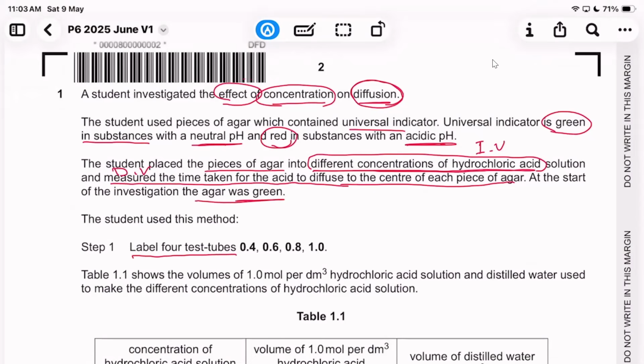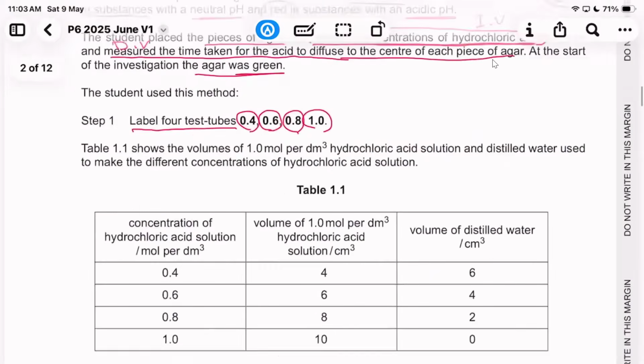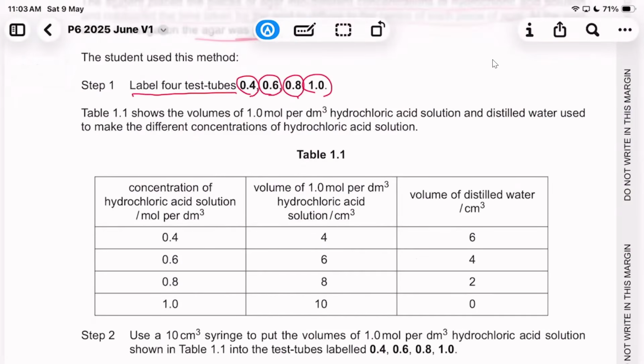Label four test tubes 0.4, 0.6, 0.8, and 1. The table shows the volumes of 1 mole per decimeter cube hydrochloric acid solution and distilled water used to make different concentrations of hydrochloric acid.